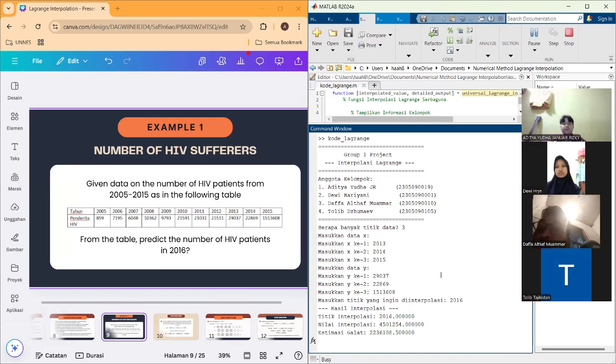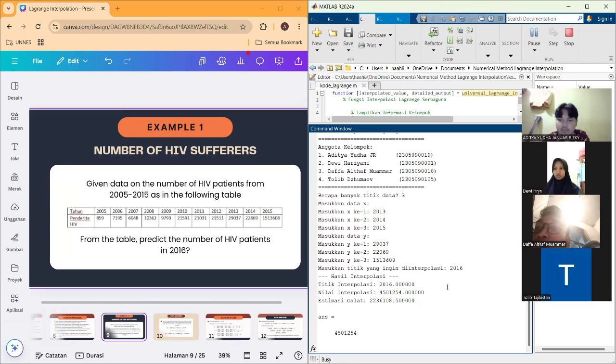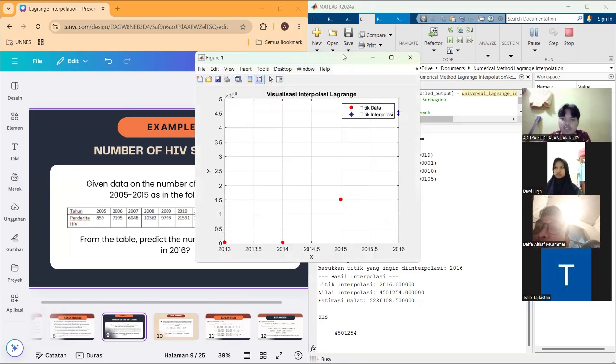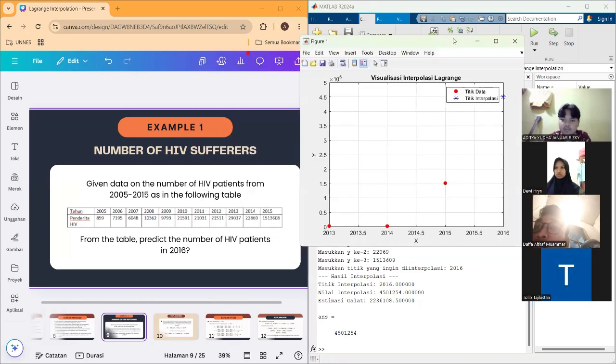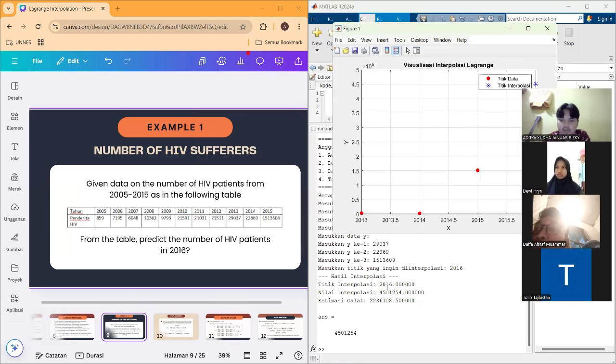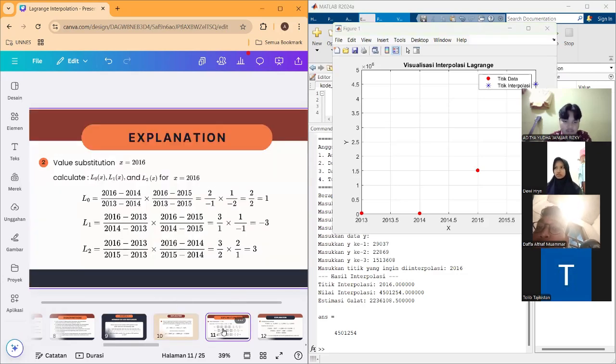Okay, so as we can see here, the answer is 4,501,254 patients.